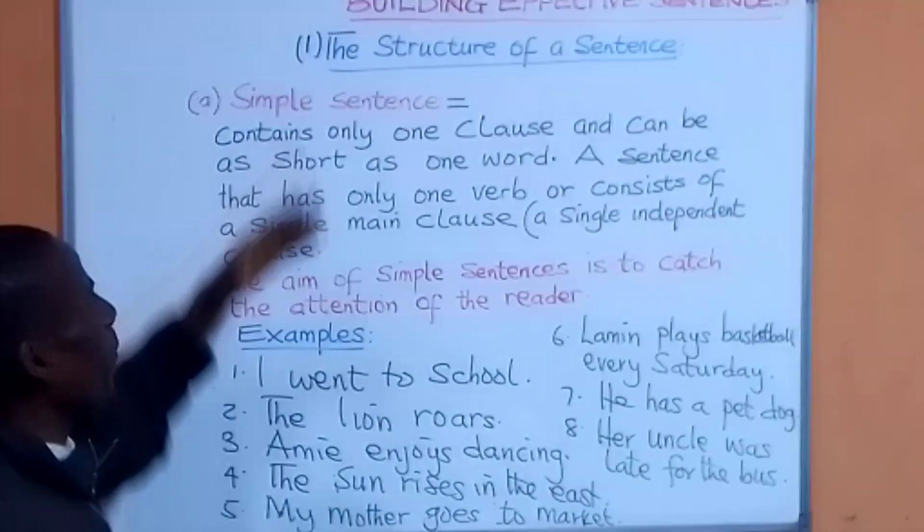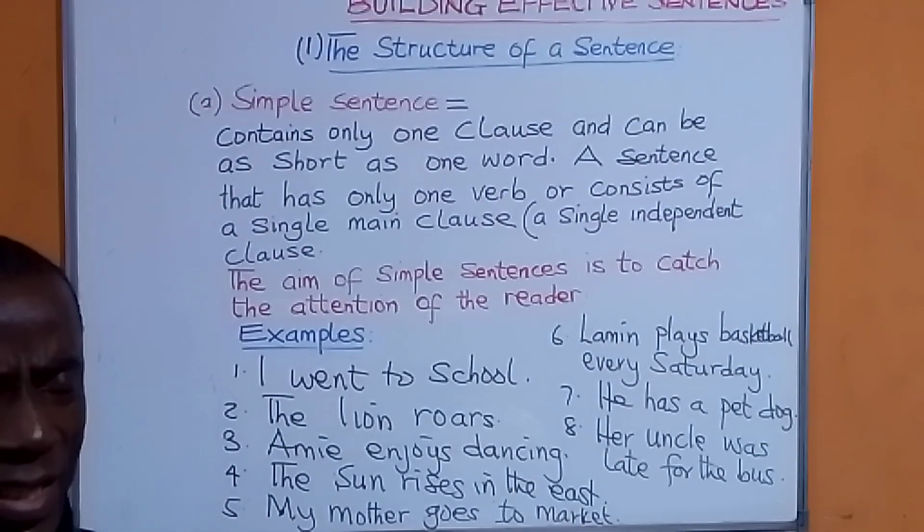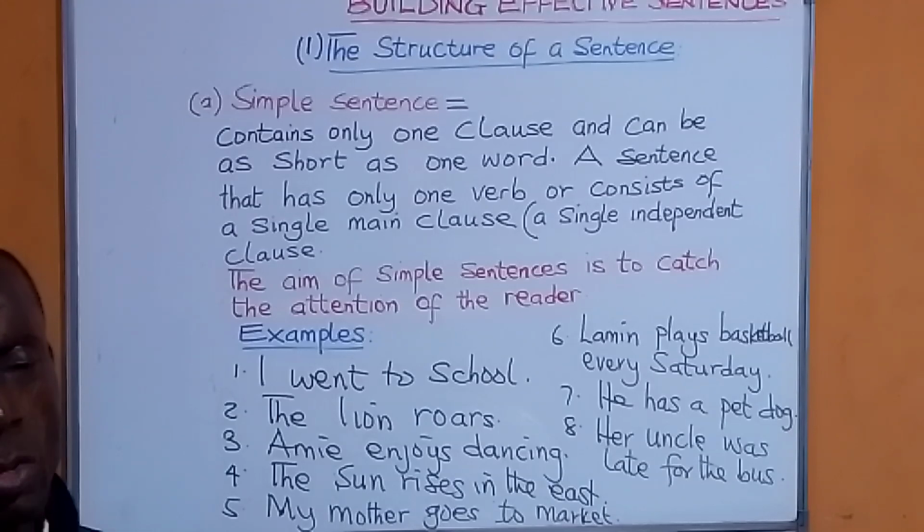We are starting with simple sentence as one of the ways of building effective sentences. But remember, you cannot write all your work in simple sentences. If you do that, you are going to have a low grade, and your work will be very poor. It will be like a professor writing an amateur work. So you have to use all sentences, but we are starting with simple sentences.